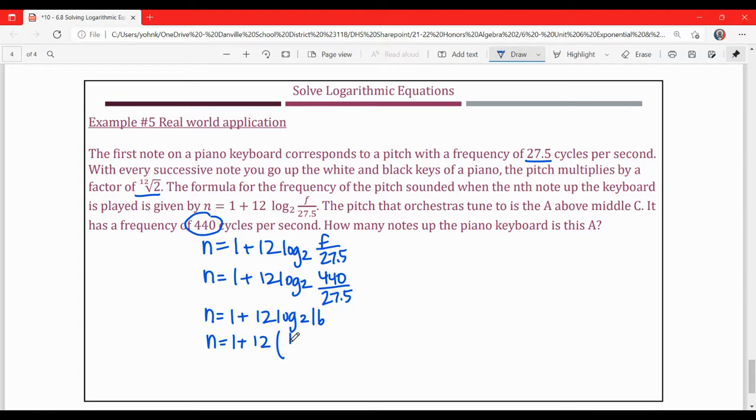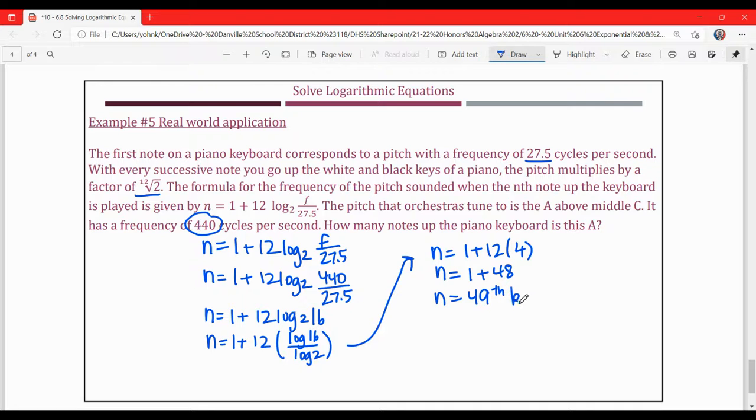And then remember, I can do log of 16 over log of 2. So this gives me n equals 1 plus 12. And if I do log 16 divided by log 2, I get 4. So this becomes 1 plus 48, or the 49th key.